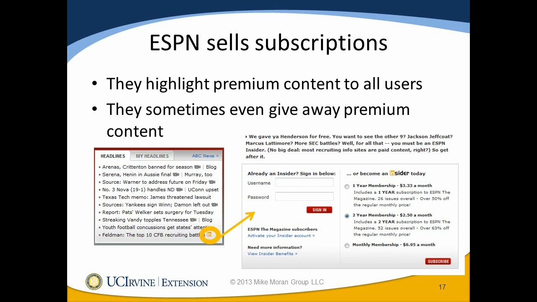That's what tells you that you need to be an ESPN Insider in order to read that story. And sometimes they even give away some of this premium content, so they'll show you one or two stories, but then if you try to look at a third one, they'll say, okay, look, now you have to ante up and pay what the Insiders pay.